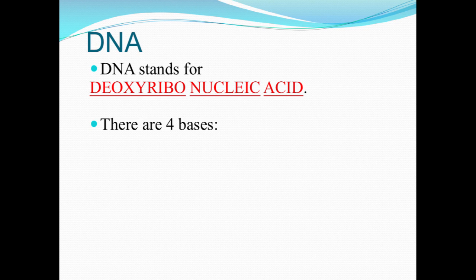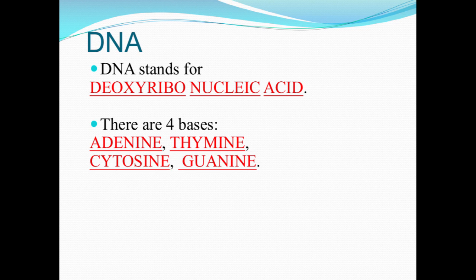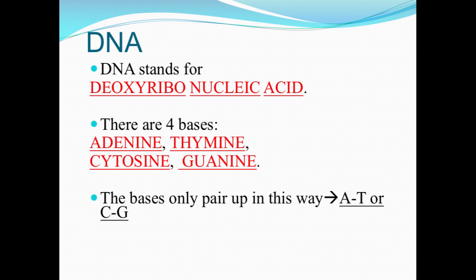Our closest relative, the chimpanzee, has DNA that is 97% a match to ours. That 3% difference makes that huge change, and all of that is off of 4 bases. The 4 bases of DNA are adenine, thymine, cytosine, and guanine. We abbreviate those with an A, T, C, and G.